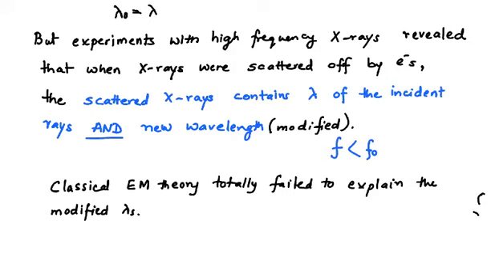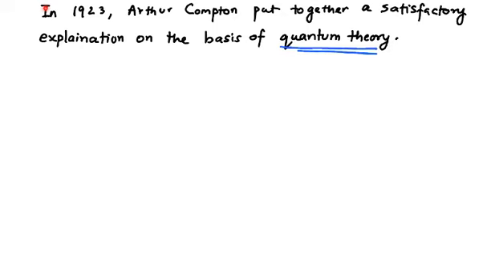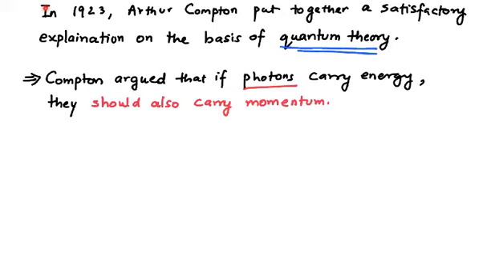In 1923, American physicist Arthur Compton published two papers in which he argued that if light is quantized, one should expect to find that f is less than f0, that is, the frequency of the scattered radiation is less than that of the incident radiation.